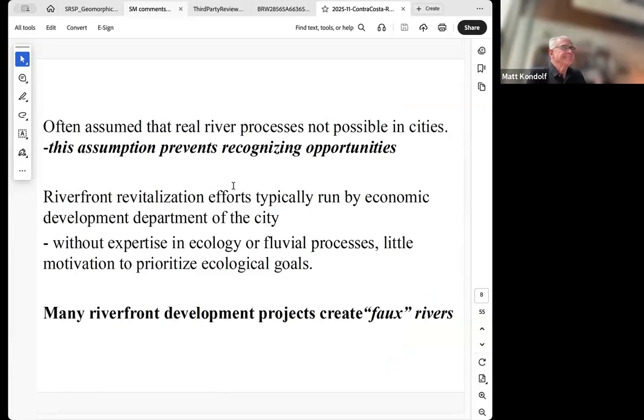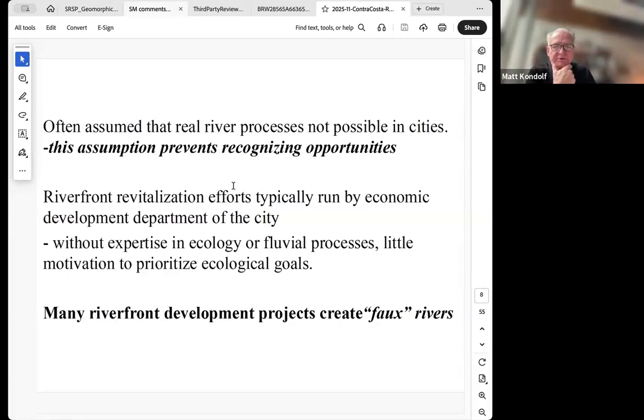So, my observation is that it's often assumed that real river processes are not possible in cities. And often that's true, but when it's not, this assumption prevents us from recognizing opportunities. And there's some structural reasons why this tends to be the case.